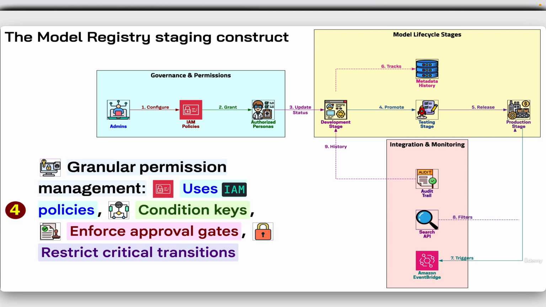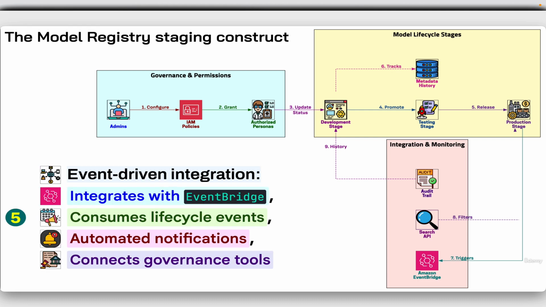Administrators can use IAM policies, identity and access management policies, and condition keys to manage permissions, enforcing approval gates and restricting specific users from authorizing critical transitions. Integration with Amazon EventBridge enables the consumption of lifecycle events, allowing for automated notifications and connection with third-party governance tools.